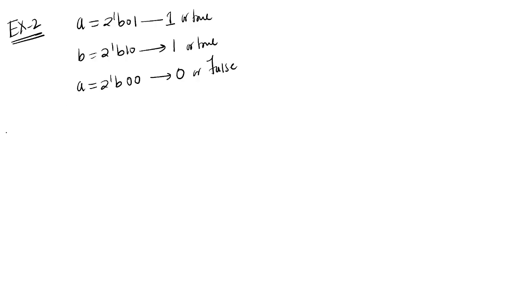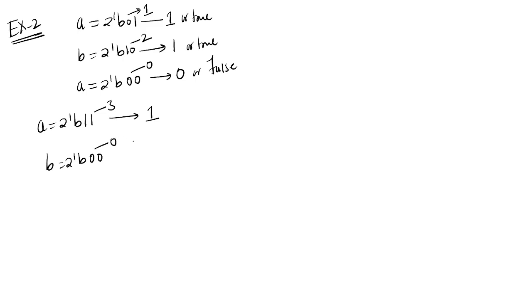Let us take a equal to 2'b, it may be any bits. If it is a non-zero value, suppose you take this value in decimal, this is 1, this is 2, and this is 0. Here also suppose this is 3, this is a non-zero value, it will take the total value as 1. Let us take b equal to 2'b00.